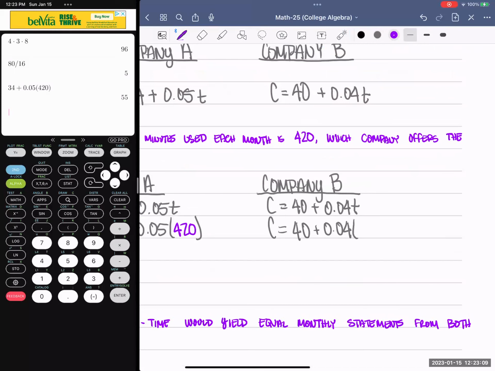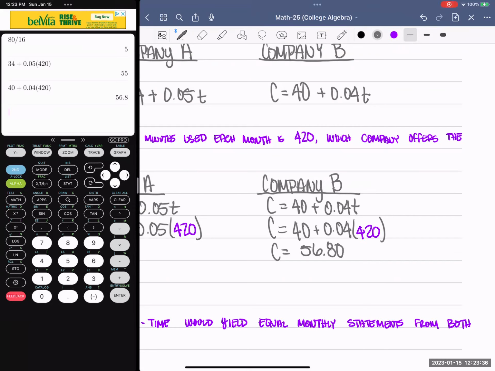Times our 420. And plugging it into our calculator, let's see what we get here. 40 plus 4 cents times 420, $56.08.